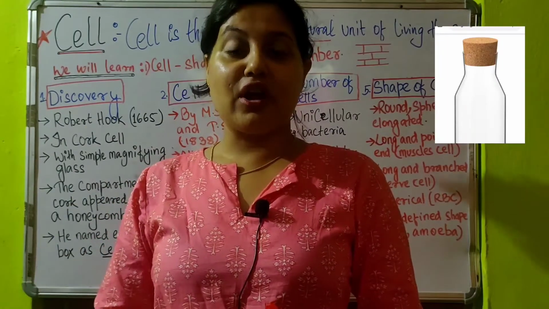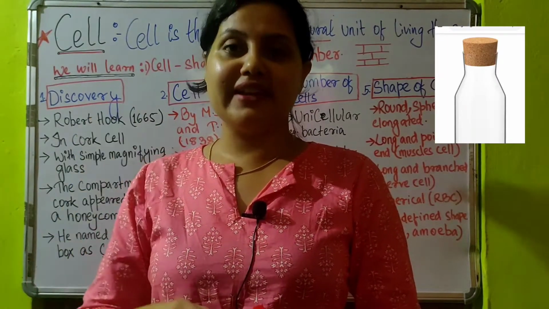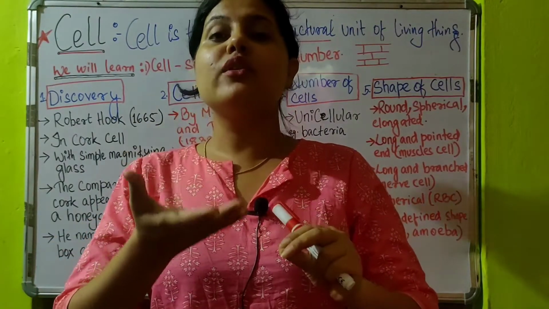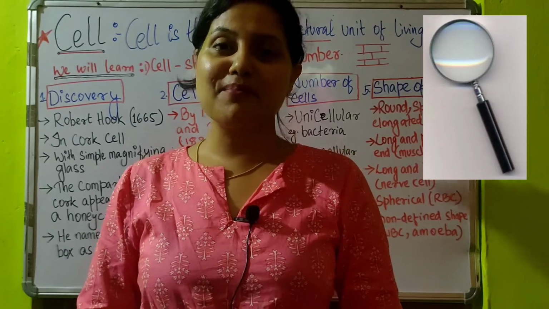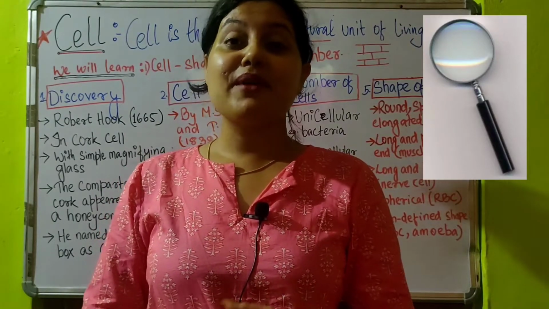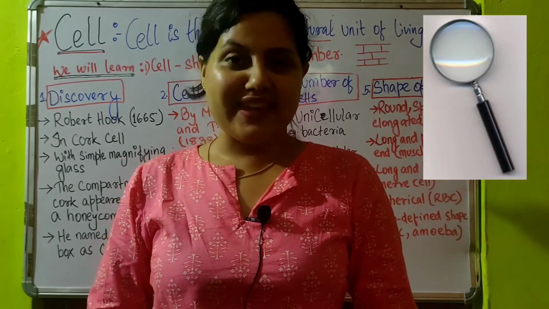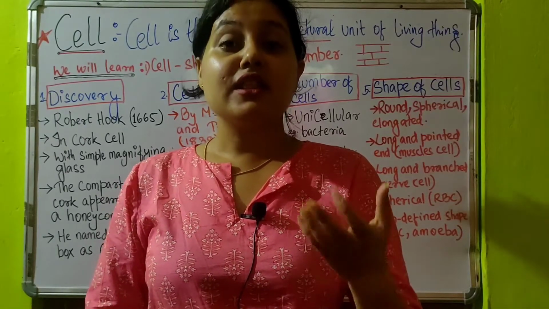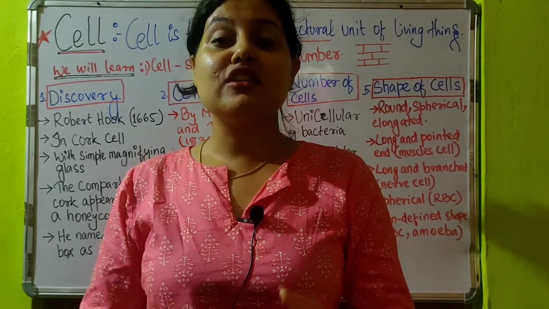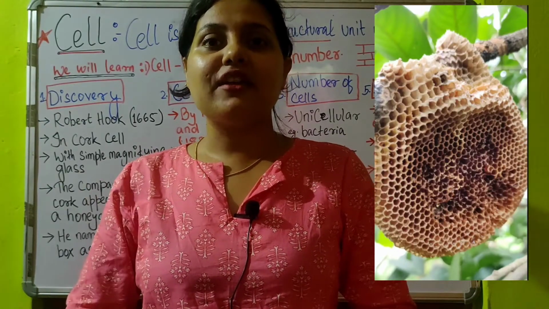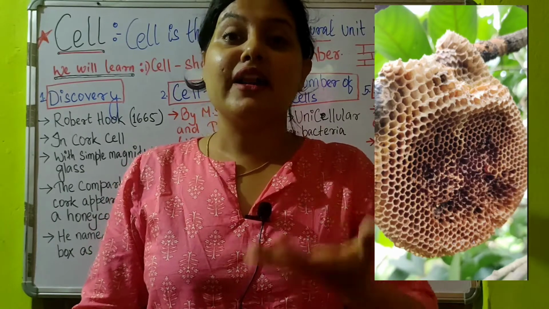What is cork now? Cork is a wooden lid, alright, and he saw the cell in the wooden lid with the help of a simple microscope. What is a simple microscope? A simple microscope is just a magnifying glass, you can say. In that magnifying glass, he saw the compartments of the cell. What kind of compartment? Like a honeycomb.